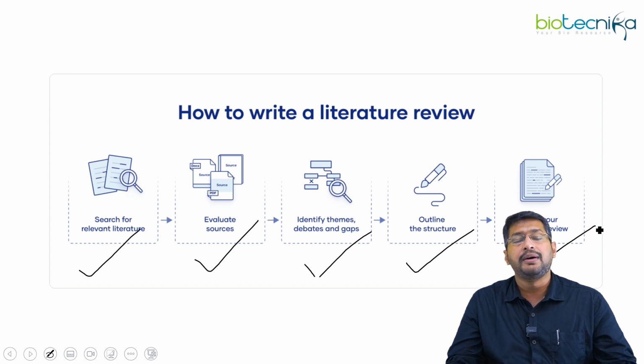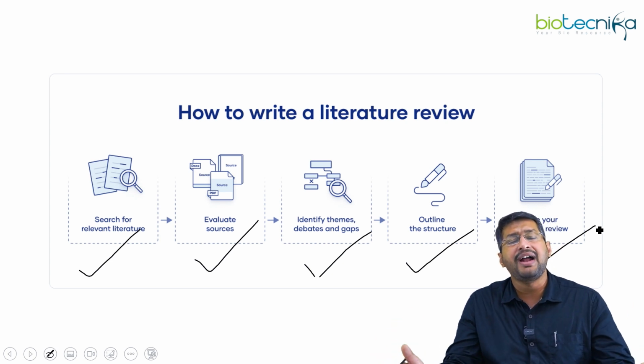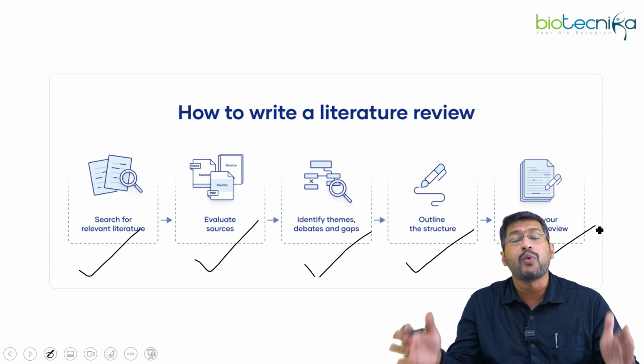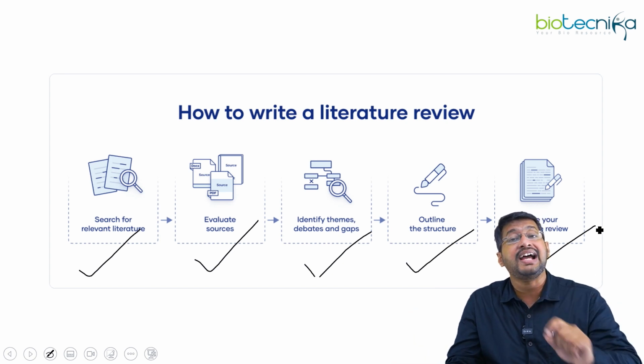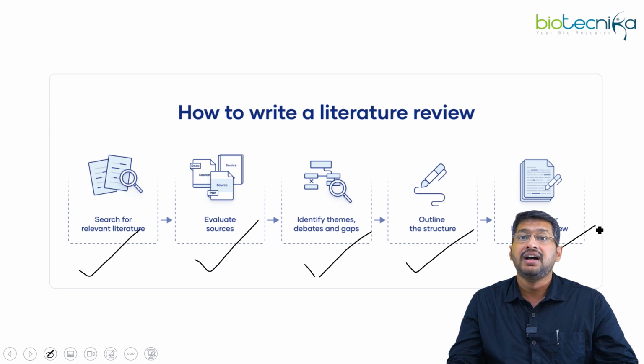NVivo also becomes much more handy in creating an effective review of literature. This gives you the word matrix. This gives you the word cloud. This gives you the author list. Everything will come to a quantitative level. So understanding and writing a metadata analysis becomes much easier. I would request everybody to try NVivo, at least the trial version.